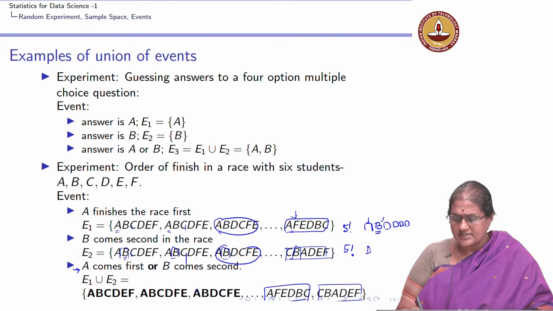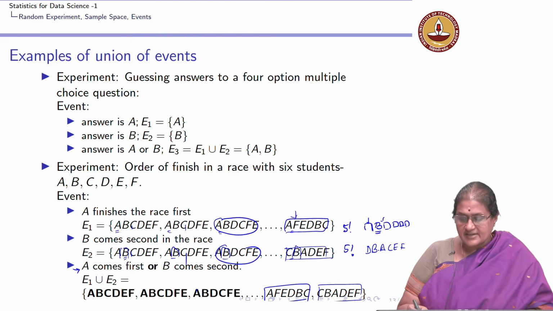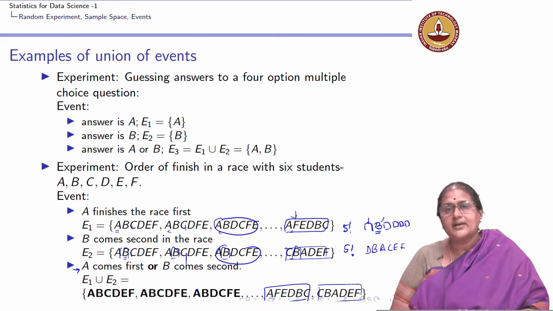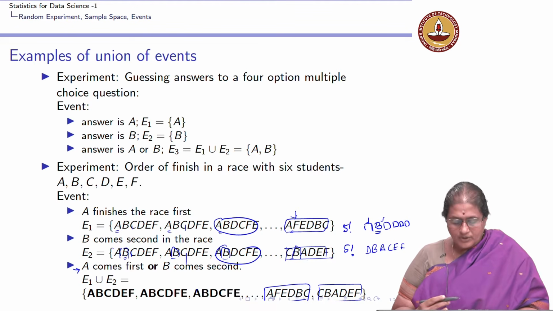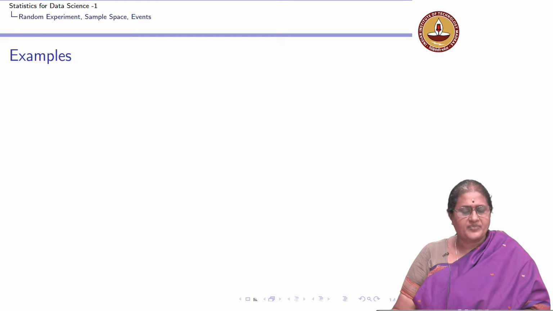Yes, if the outcome is D, B, A, C, E, F, because that is an outcome in my E2 set. So, you can see that it includes all the possible outcomes where either A is first or B is second.